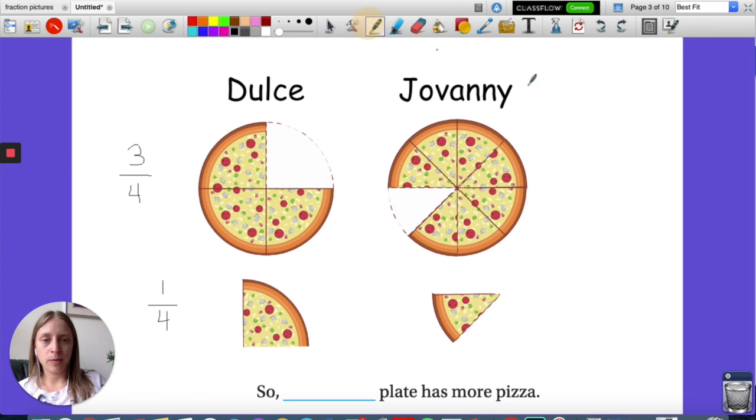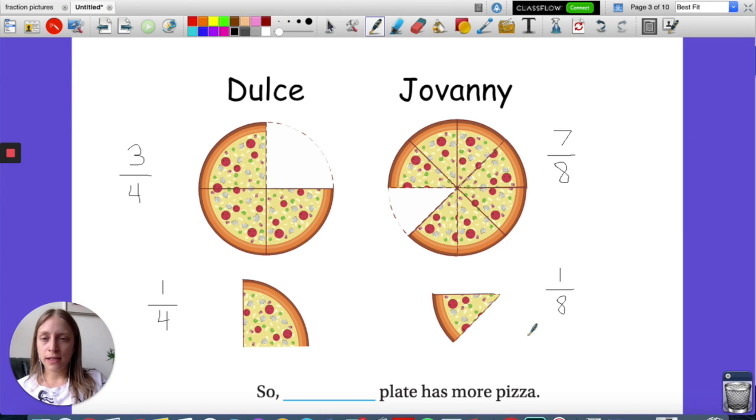So that leaves me with 7/8 of his pizza left on his plate. And I know that this missing piece of pizza is equal to 1/8. So 1/8 of Giovanni's pizza is missing from his plate.